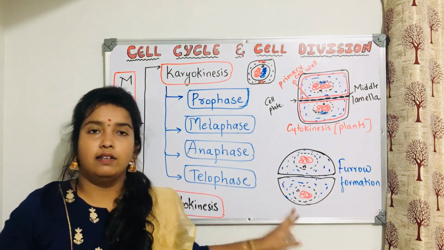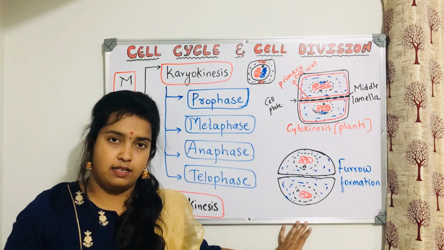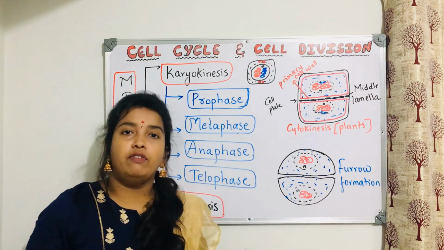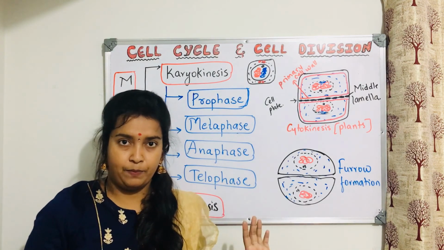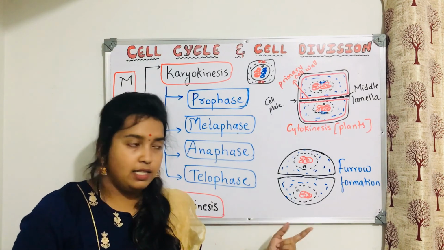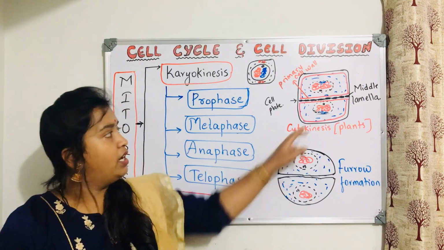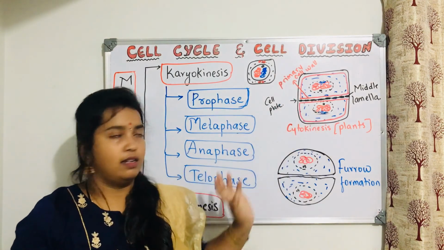So this is cytokinesis in animal cells, and it happens with the help of furrow formation. Clear? So this completes the cytokinesis. Now this is one cell and this is one cell. Here also this is one cell and this is one cell.